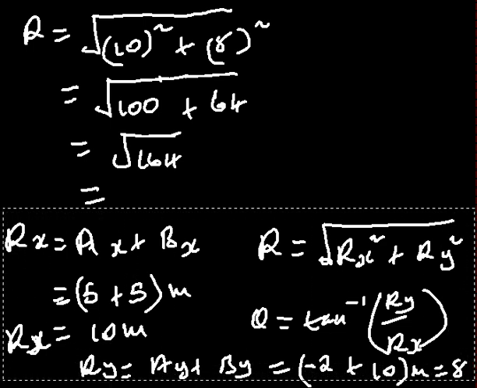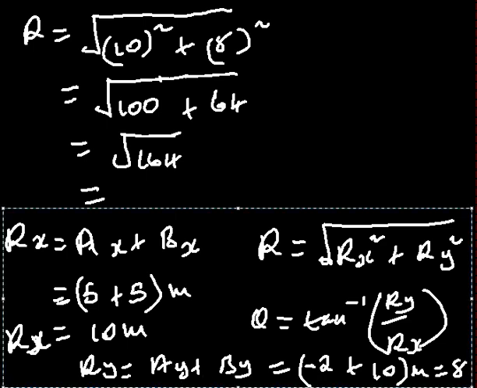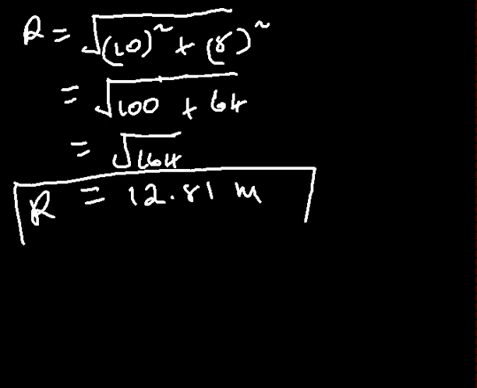We can leave it that way, or we can think of simplifying it further, but 164 is not a perfect square. So the square root of 164 is 12.81 meters. So this is the resultant vector upon having the summation of those two vectors.